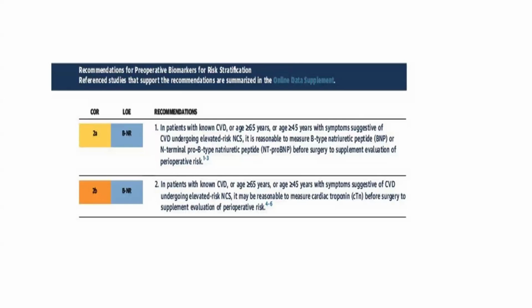So a pre-op troponin in a patient with known cardiovascular disease, or who's over the age of 65, or a patient over the age of 45 who has multiple comorbidities that increase their risk of having cardiovascular disease, is very, very helpful. So is the use of pre-op BNP or NT-proBNP. BNP is a great test because it doesn't actually tell us whether the patient is in heart failure or not, but it does give us a window into whether this patient has increased left ventricular wall tension.